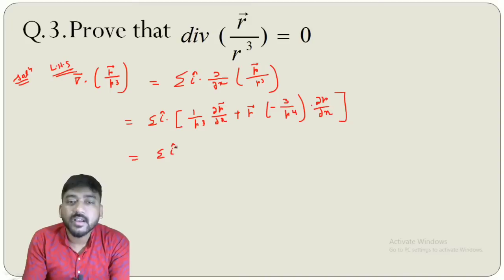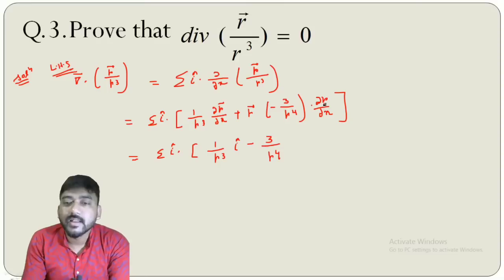So it will be summation i dot 1 by r cube into this i cap minus 3 by r to the power 4, and this del r by del x, and there is r vector, let me write it at last. Okay, and del r by del x is nothing but x by r into r vector.